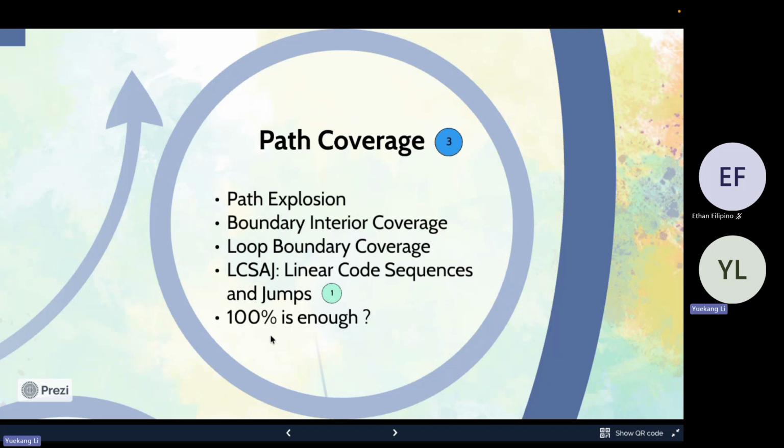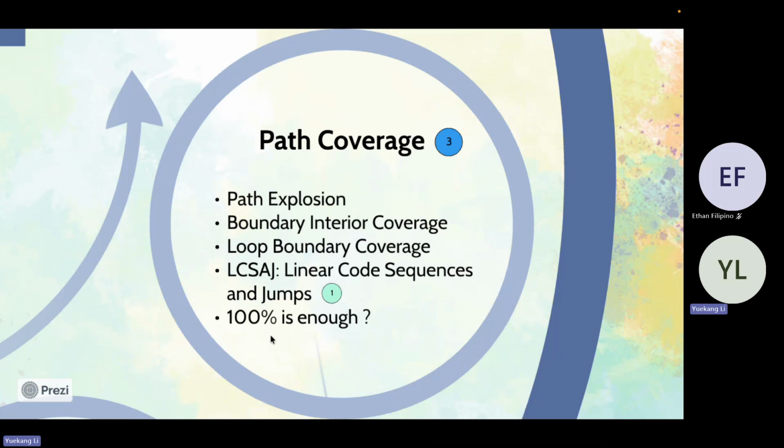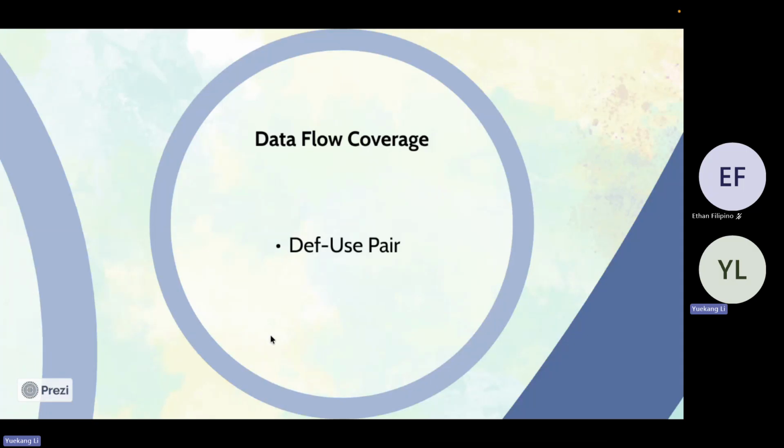And because 100% path coverage is not enough to reveal all the bugs, as we are only dealing with the control flows, we need to deal with data flow as well. We briefly learned some concepts in the tracking of data flow.